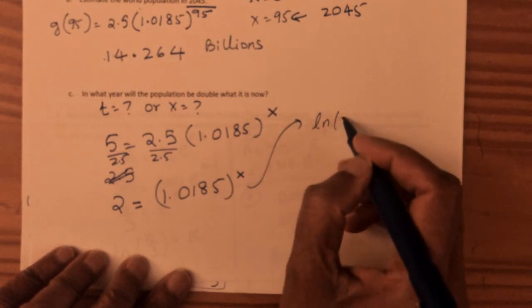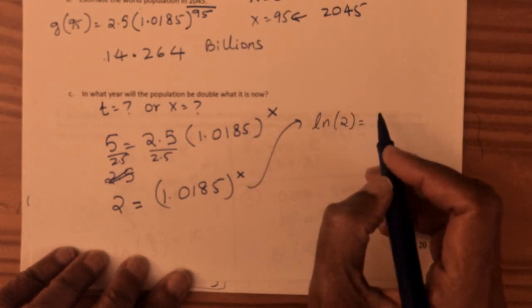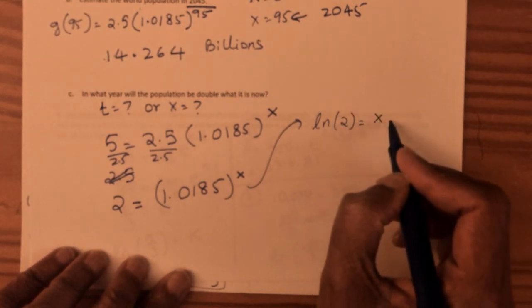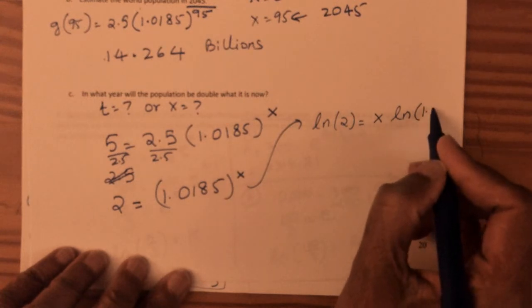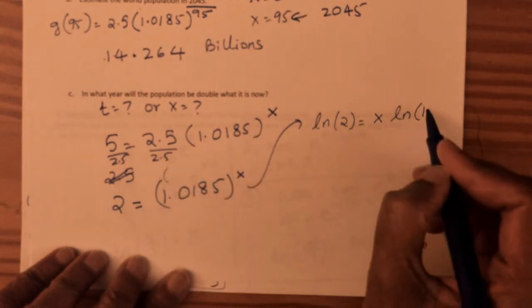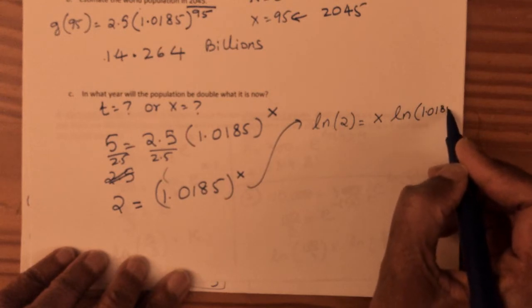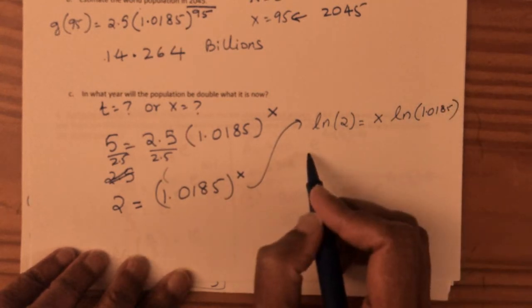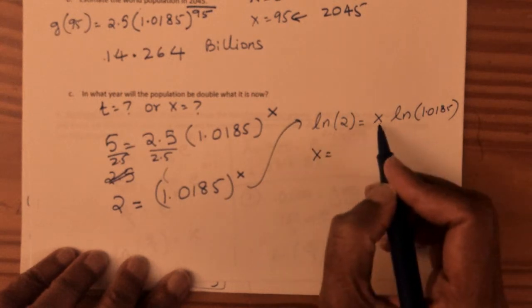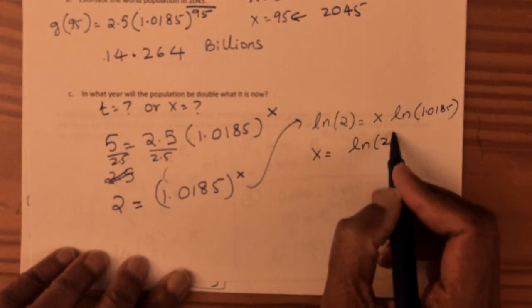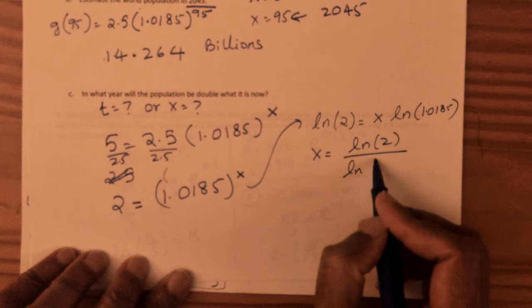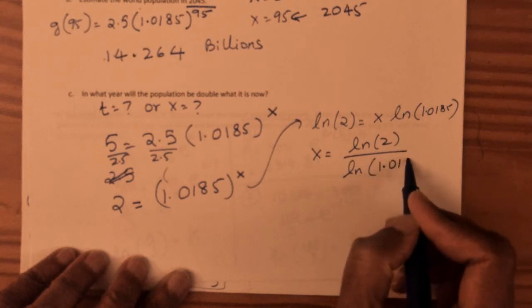So ln of 2 equals x ln of 1.0185, because the x comes to the front. So basically x equals ln of 2 over ln of 1.0185.